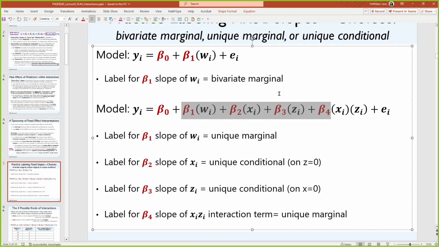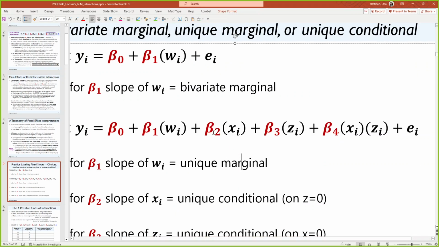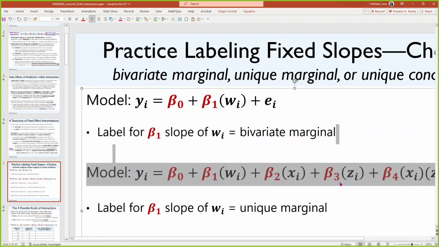So if you have a research question about the importance of X and the slope of X is non-significant, you might be inclined to say, well, X doesn't matter. But that's not right, because X doesn't matter if Z is 0. It could start mattering if Z is 2 or 4 or 8 or whatever. So each of these slopes changes as a function of the interacting variable.